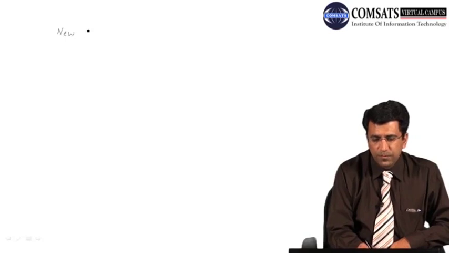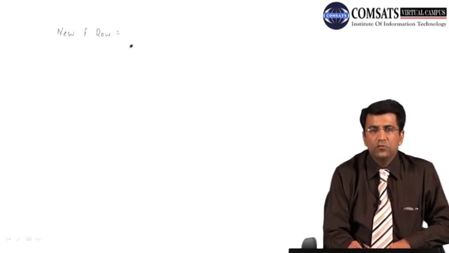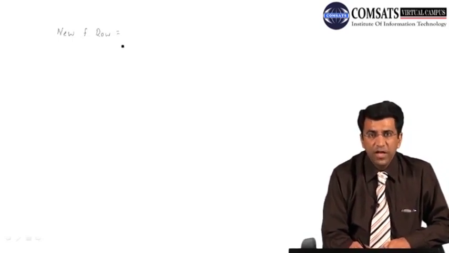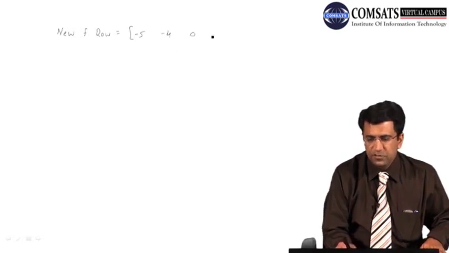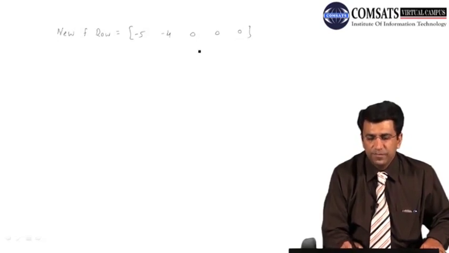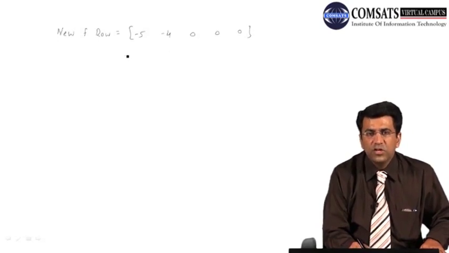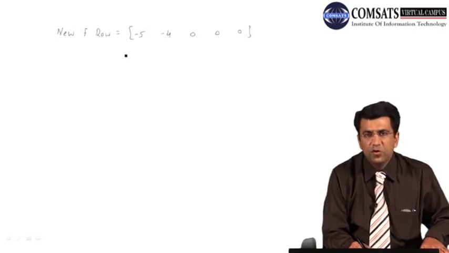So the new F row, that is our objective function row, will be equal to, again using the same formula, the old F row. Now what is the old F row? That is minus 5, minus 4, 0, 0, 0. This is our old F row in our initial table, you must remember that, minus the corresponding pivot column coefficient. Now in this particular case, the corresponding pivot column coefficient is minus 5.